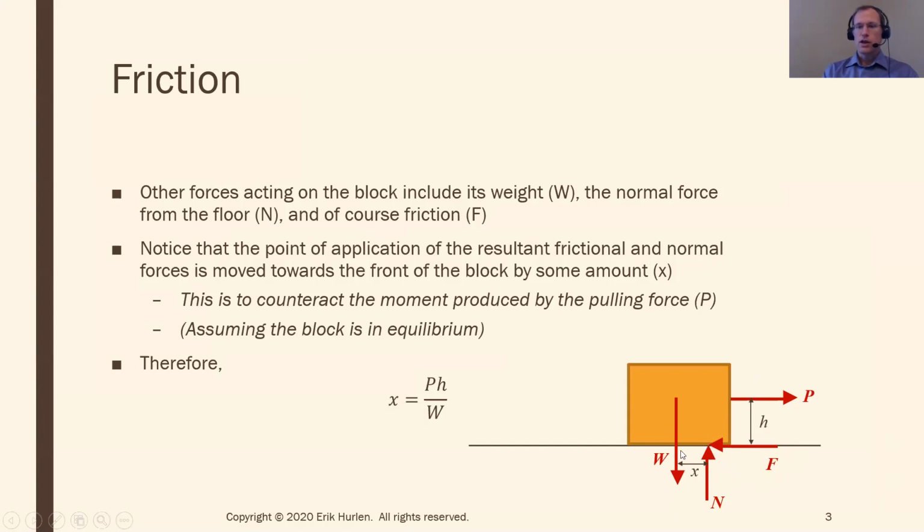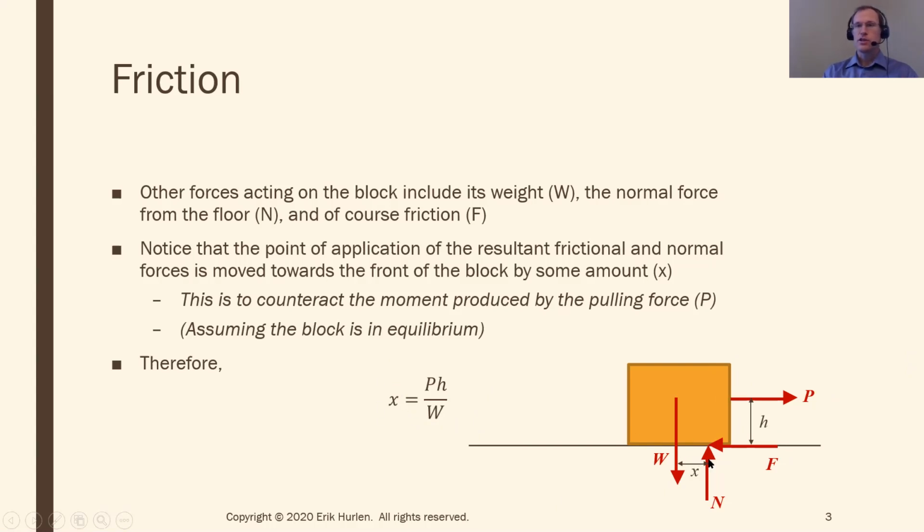And it also causes this normal force to move towards the front of the box due to this rotational motion. I'm still not pulling hard enough for the box to move at all. So again, the frictional force is equal and opposite, nothing's happening in terms of motion left and right, but this normal force does move to the right. The amount it moves, I can find by taking the moment around that point.